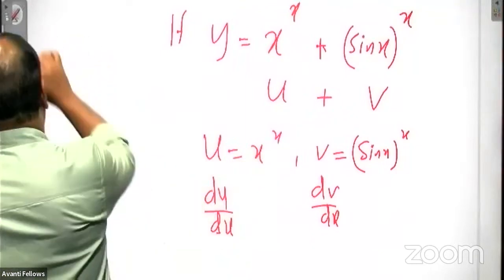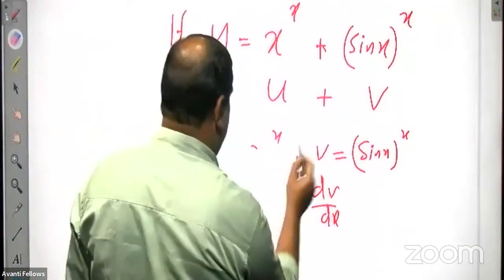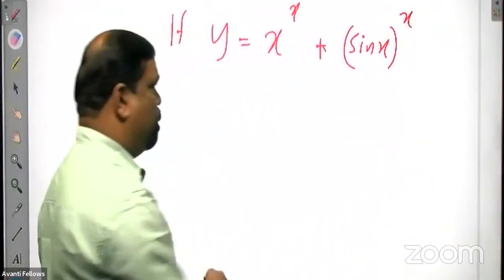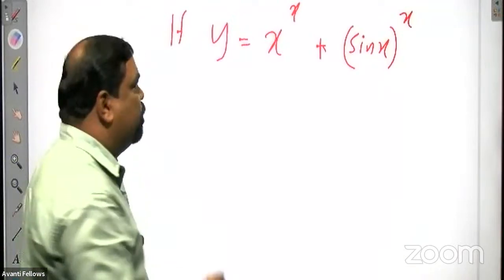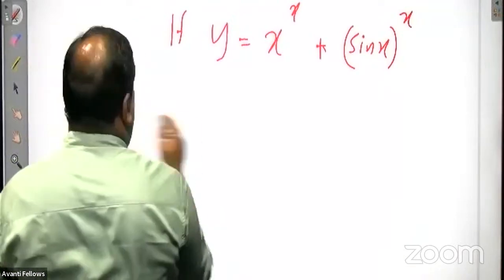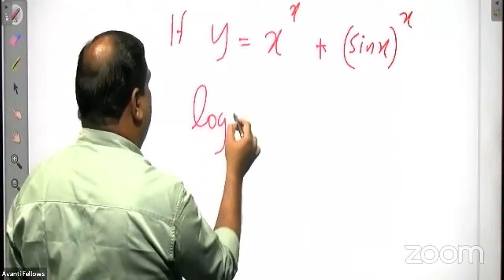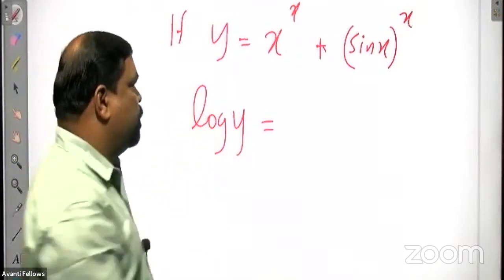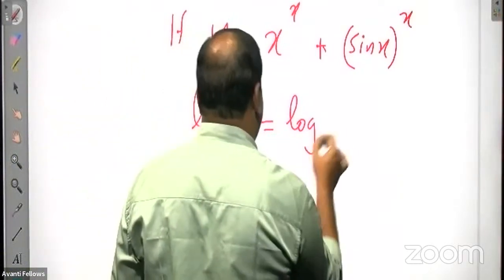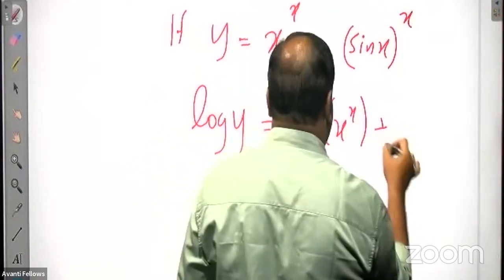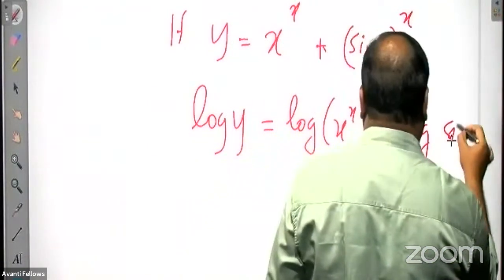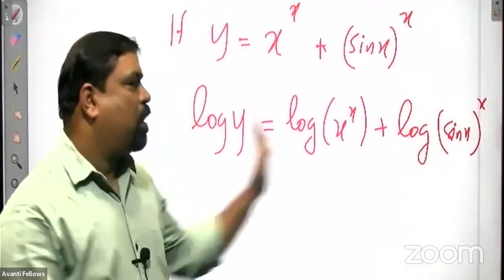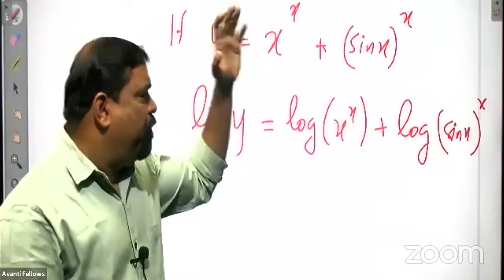But some students, what they do, they directly apply logarithm. Many of the students simply write log y is equal to log of x raised to x plus log of sin x raised to x.